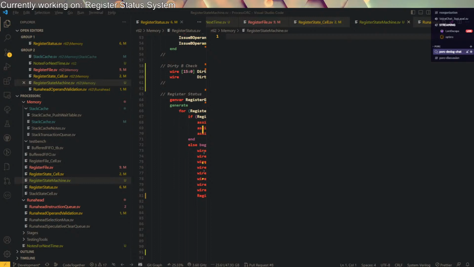Part 15. Registers. Status. There we go. Now it's centered and it doesn't look stupid. Okay. And Bantus.